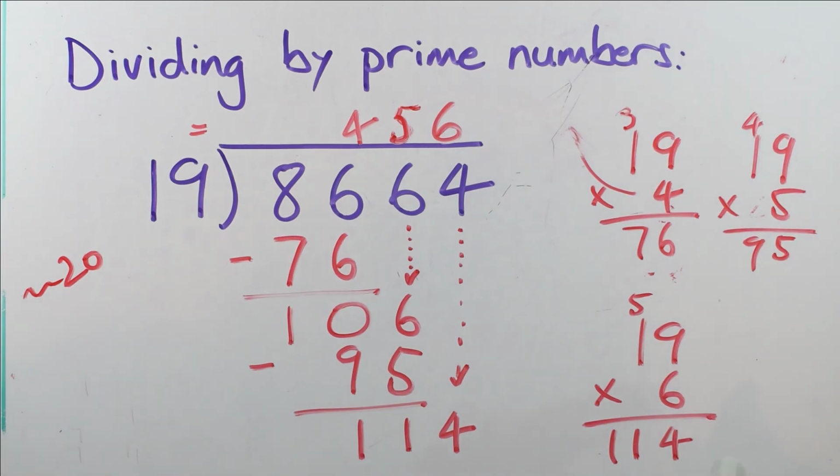The good news is most of the numbers that you'll come across are probably not primes. Any even number, for example, except for 2, which is easy to divide by anyway, is a non-prime, and so you can instantly divide it by 2 or 4 or 6 or 8 depending, and so there's a lot of scope for you to use any of those strategies.